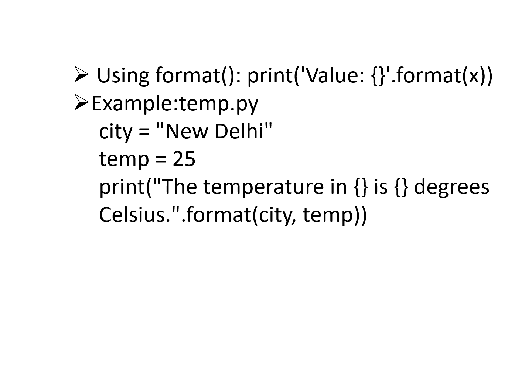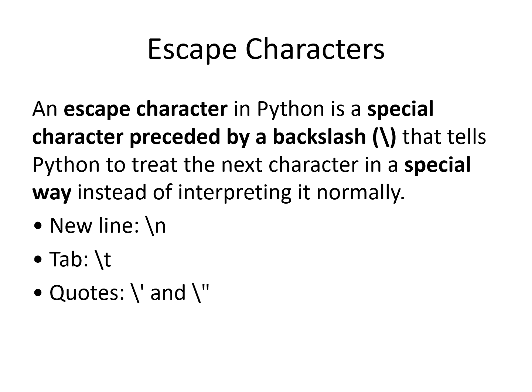So .format with city comma temperature gives the formatting where you display the two variables, or else you can give 0, 1 and so on in the curly braces for the variables to be displayed.